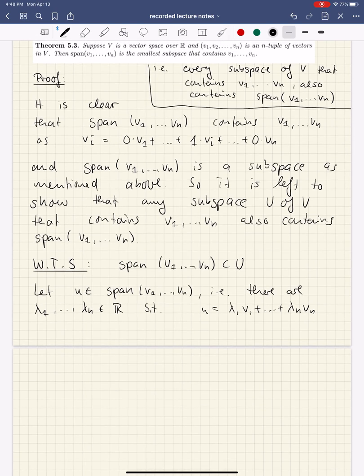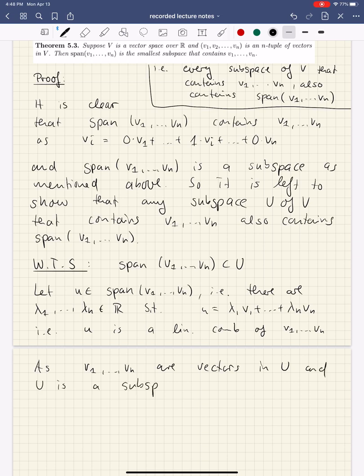Let me remind you, Theorem 3.9 said that if you have elements in the vector space, in this case v1 through vn, and they're all in U, then any linear combination of them is also in U. So u is a linear combination of v1 through vn, as v1 through vn are vectors in U, and U is a subspace of V. Theorem 3.9 yields that u is in U, and this finishes the proof.